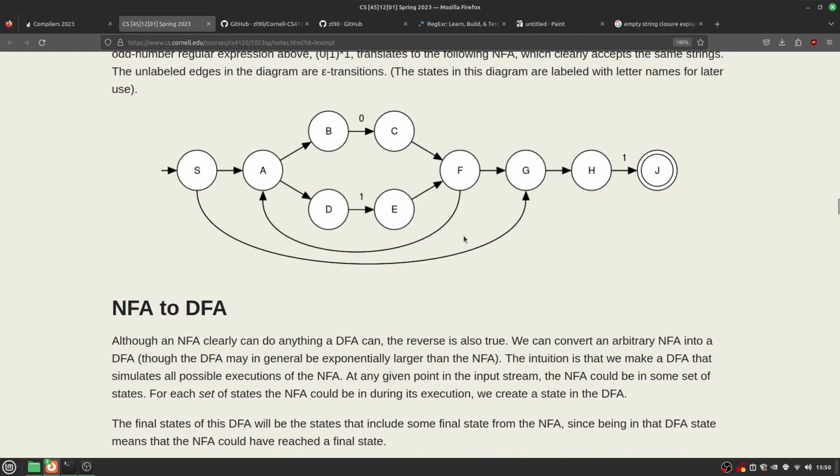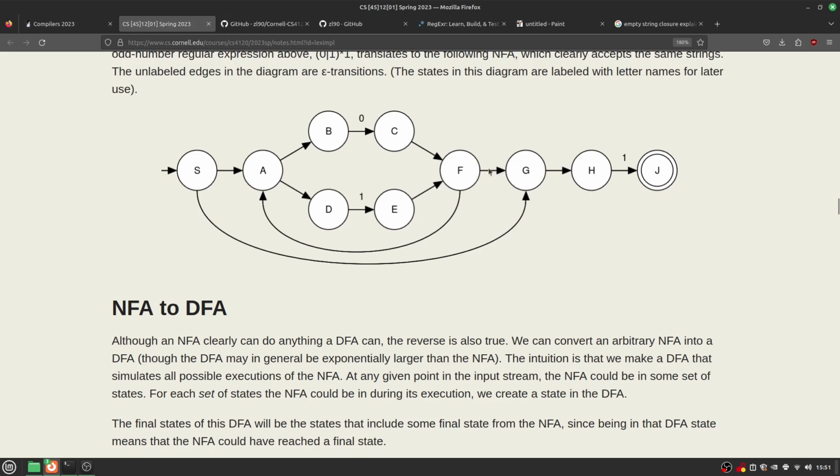So, I see what I was doing wrong. Yep. So, the empty string closure of F is itself, G and H. Why G and H?